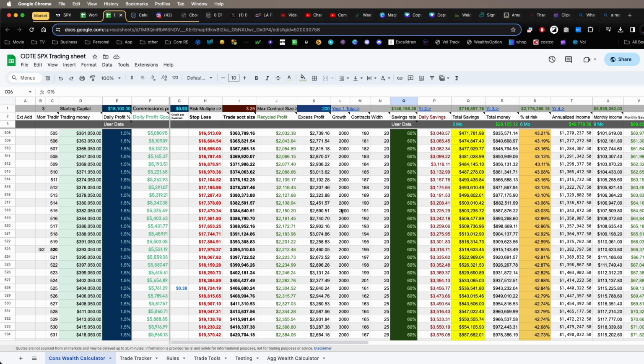Another trick that you can do is you can widen out your spreads. I particularly don't like to trade many contracts, so I would prefer wider spreads to widen out my spreads to reduce my contract size. That's something that you can play around with as well if you wish. The sheet automatically does that for me right here.